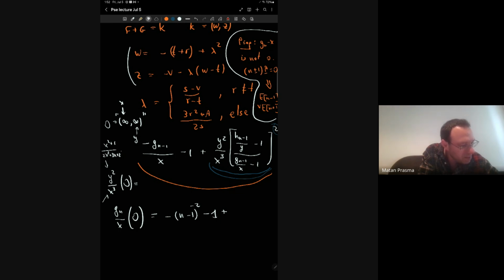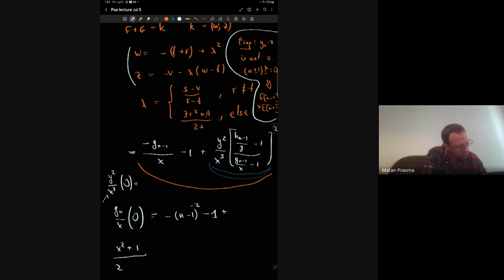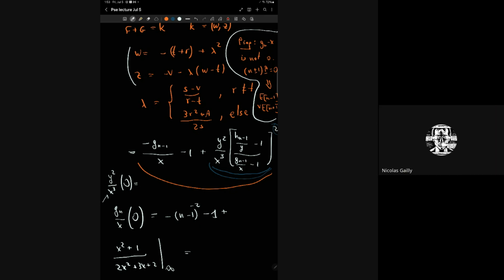Let me write it somewhere else. If I do x squared plus 1 divided by 2x squared plus 3x plus 2, evaluated at infinity, what do I get? 1/2. Exactly.